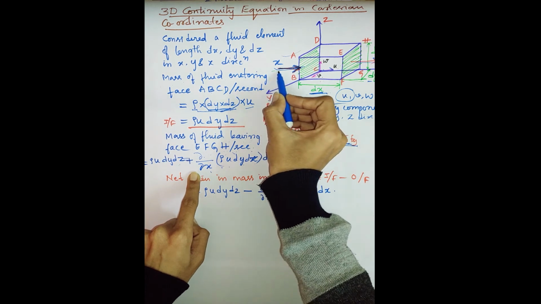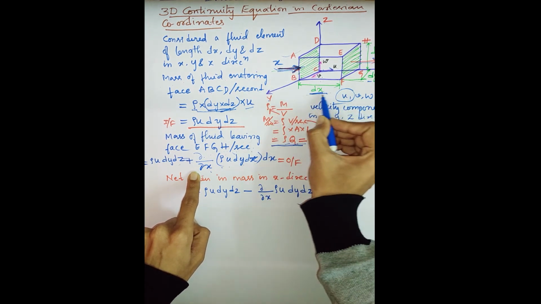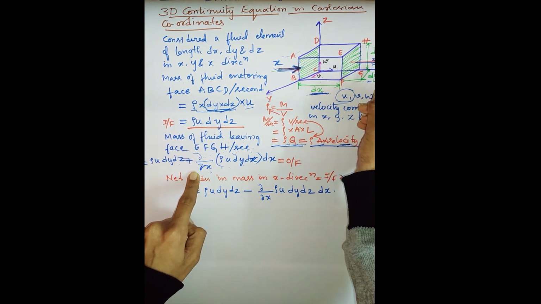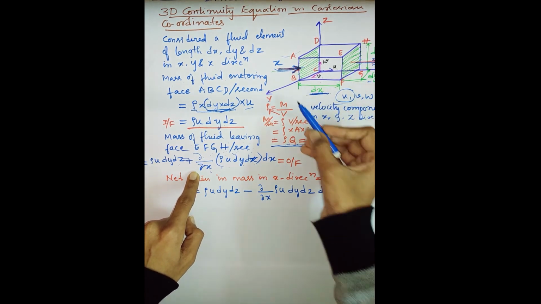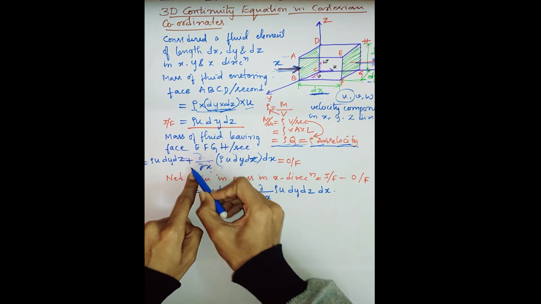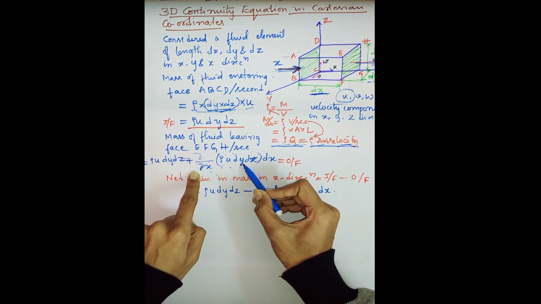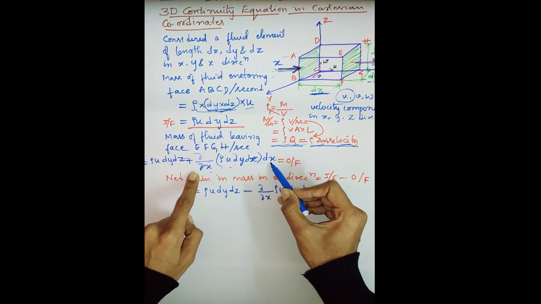Because once it enters, it travels a distance dx before leaving, there is a change in the inflow. That change is dou by dou x of rho u dy dz into dx.